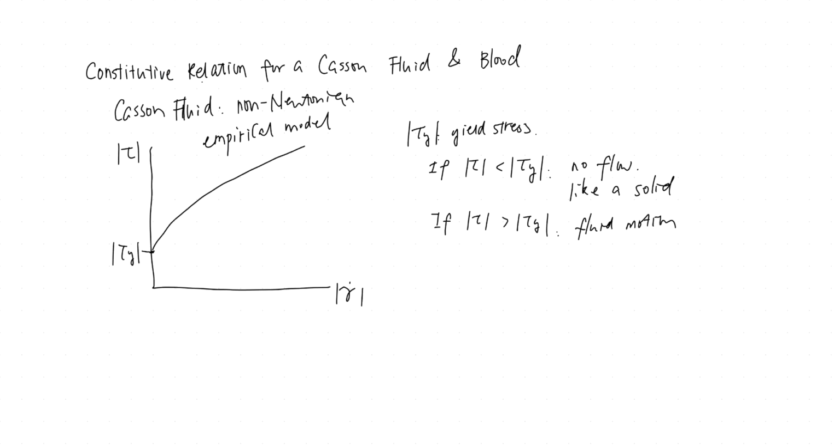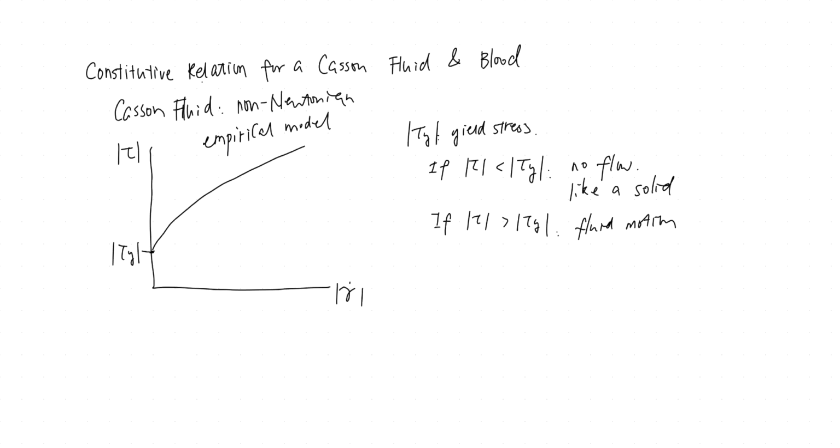They can be negative. What the empirical model says is only the magnitude. So for this reason, we will put the absolute sign to recognize that, regularly speaking, they are signed values. But when we compare with the yield stress, we are comparing the magnitude, or in the absolute sense.